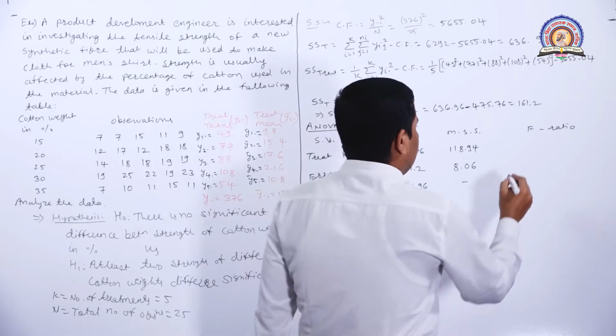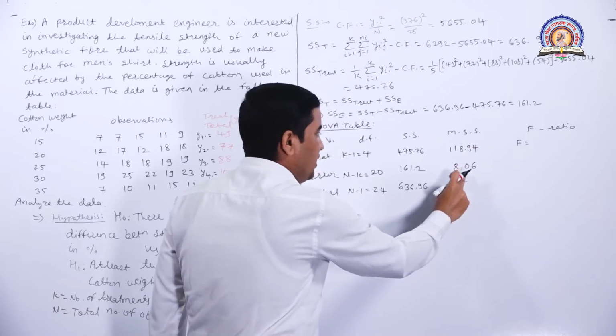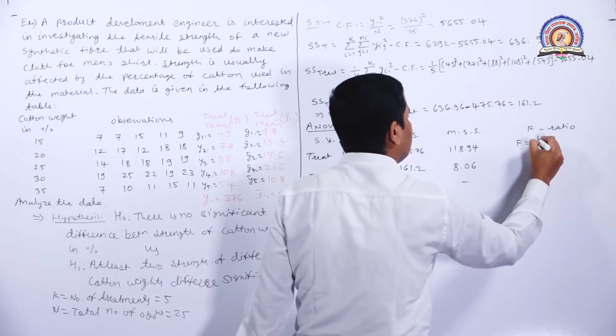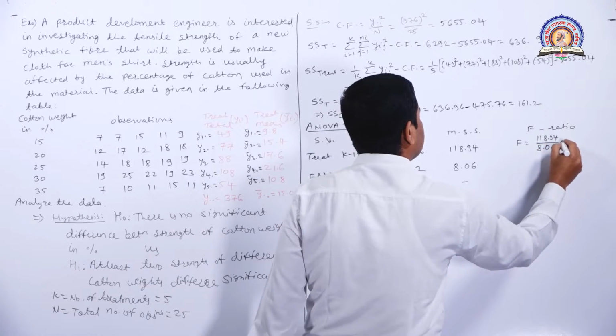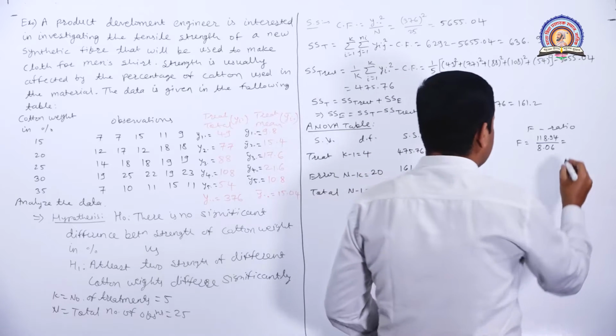Now the F ratio is obtained by MS treatment divided by MSE. So 118.94 divided by 8.06. This will become 14.756.